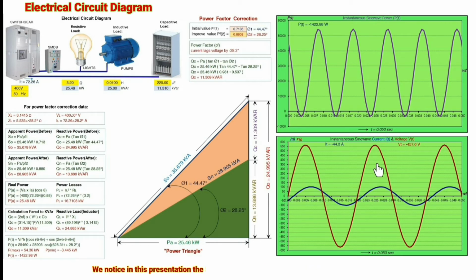We saw in this presentation, in the sinusoidal waveforms, that the phase angle, by which the current lags behind the voltage, is 28.25 degrees, nearing being in phase with each other. Again, increase to 270 microfarad.